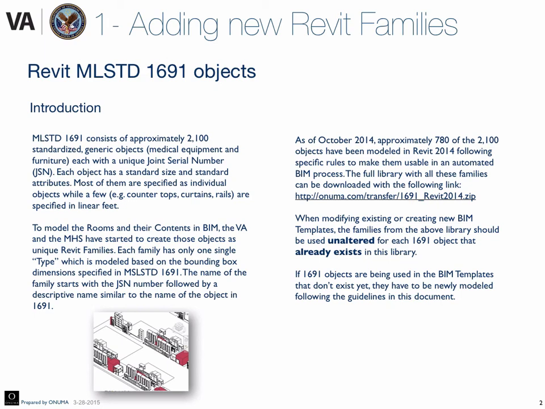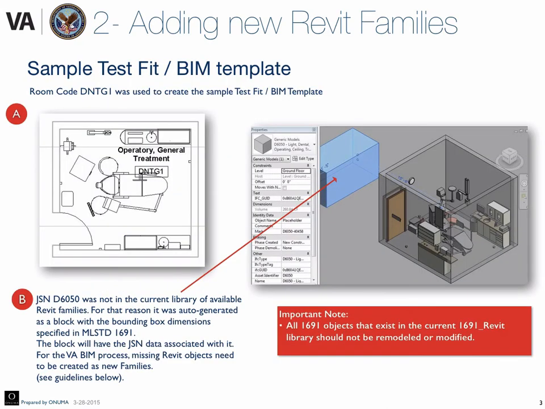It used to be that they were distributed in different ways, but now it's web enabled, which is opening up a lot of interesting possibilities of linking to data and a lot of other things that we'll be presenting in future webinars. But these are the Revit families that are essentially tied to the JSN objects that need to be created.